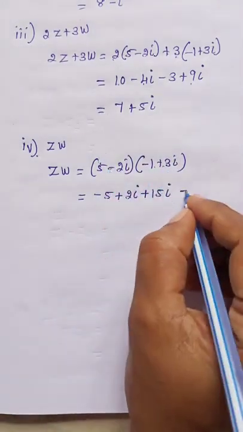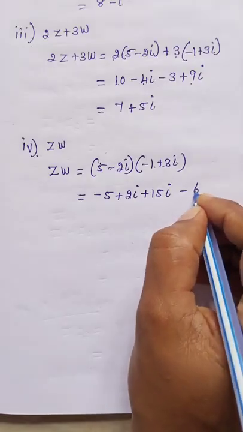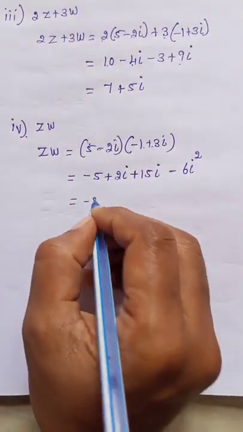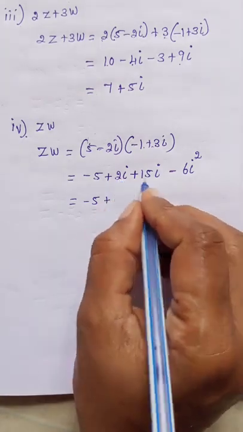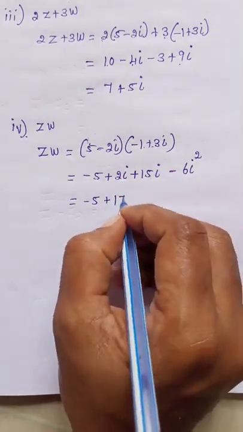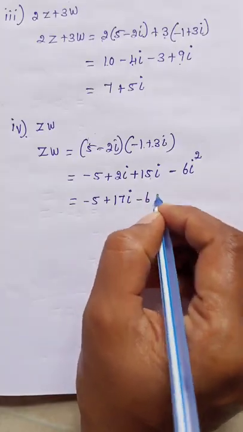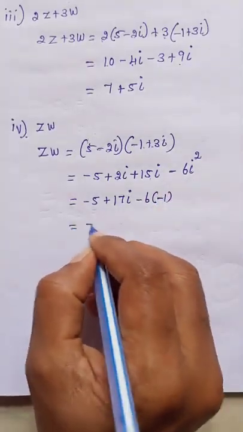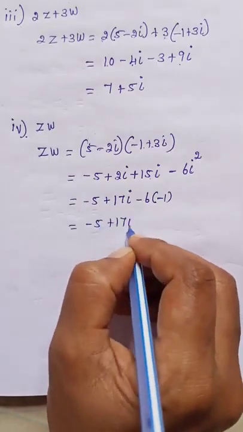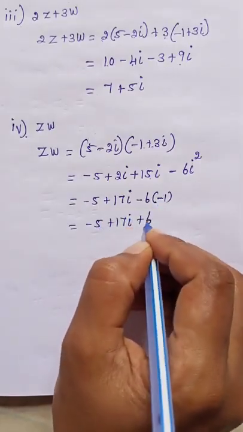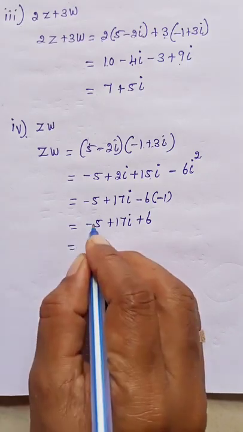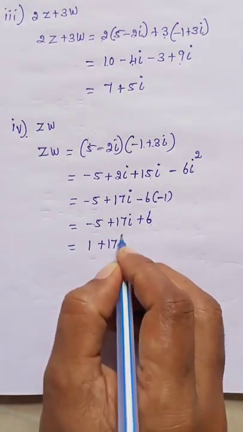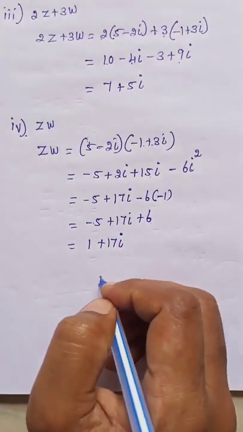Minus into plus, minus 2 into 3, 6, i into i squared. So this is minus 5 plus 2i plus 15i is 17i, minus 6 into the value of i squared, which is minus 1. So minus 5 plus 17i plus 6. Now minus 5 plus 6 is 1. So 1 plus 17i. Do you understand?